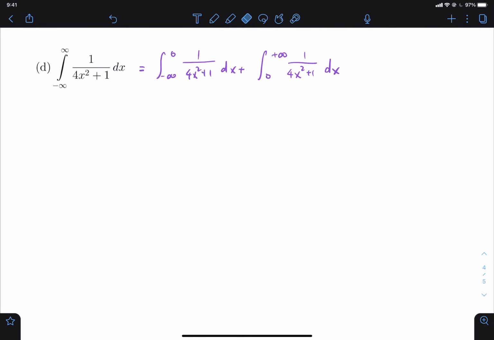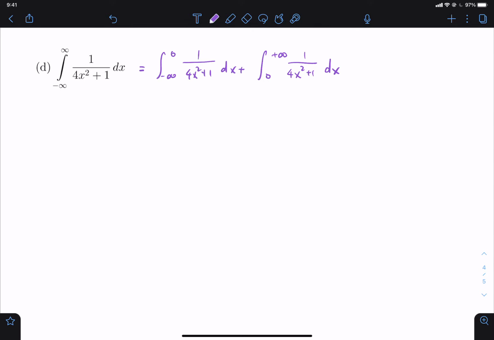And that splitting point is not necessarily 0. It can be 1, 2, 3, or anything you like. But for simplicity, we just put 0 here. That does not mean it has to be 0. The thing is that we are only allowed one bound being infinity.